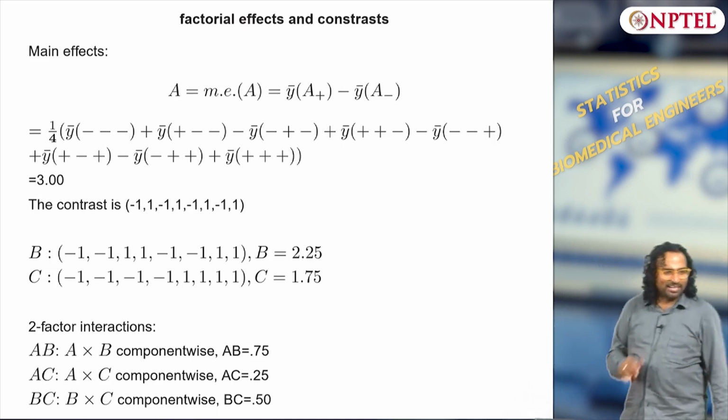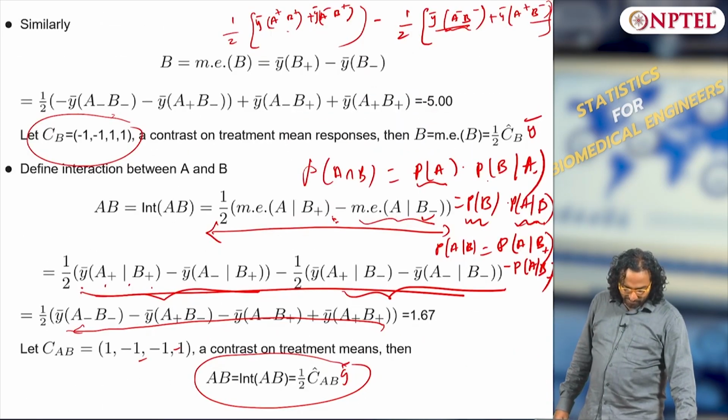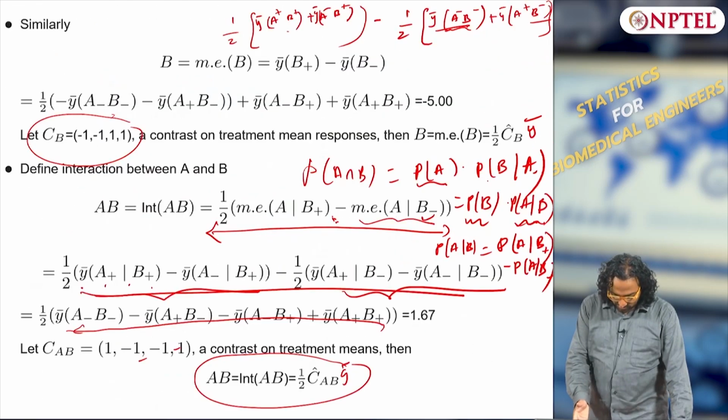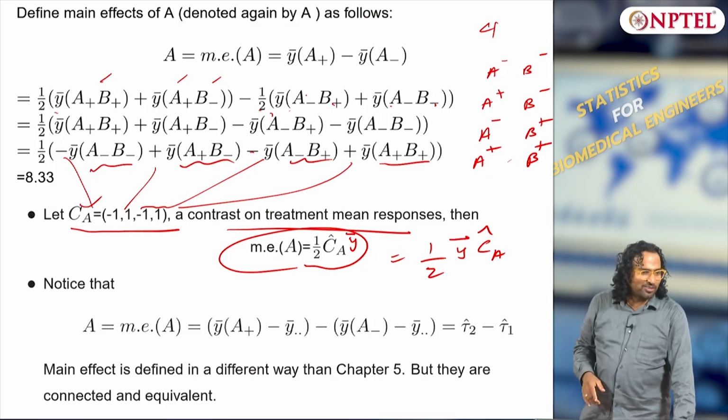What is y bar A plus? You can write it there. Actually if you go back to 2 power 2 also it will be the same. Y bar A plus minus y bar A minus I could do in 2 power 2 also. That is very simple, even without doing all of this you can write.